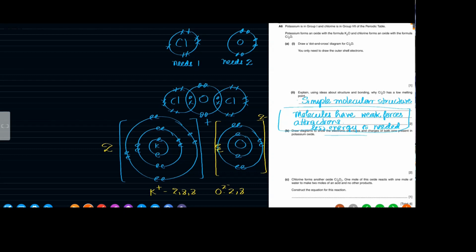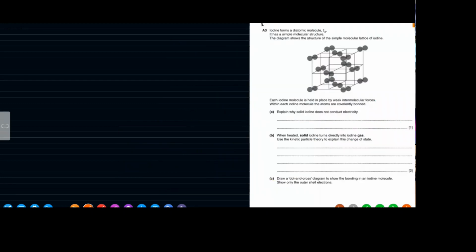Chlorine forms another oxide called Cl2O7. 1 mole of this reacts with 1 mole of water to make... Don't worry, that part is not for you. So here you have molecules, and these molecules are just stacked together.